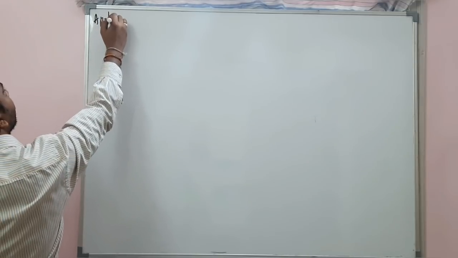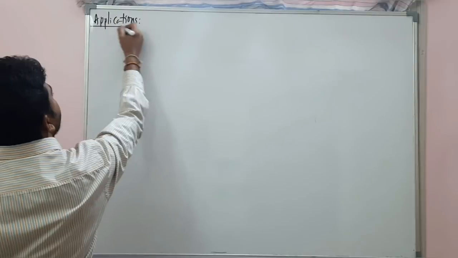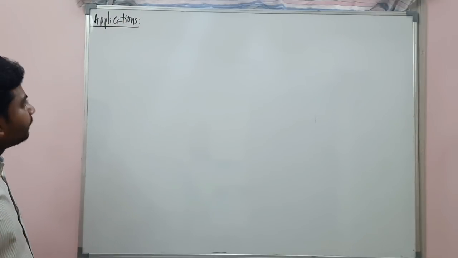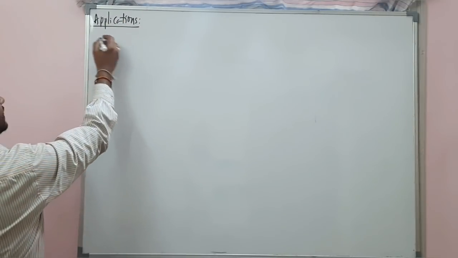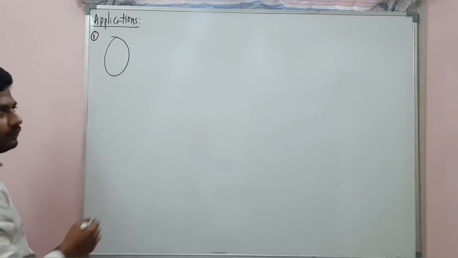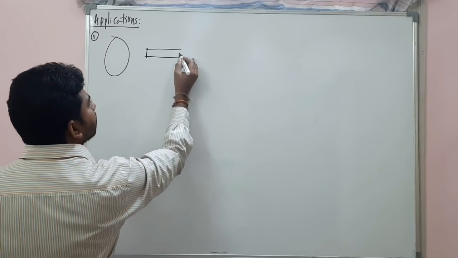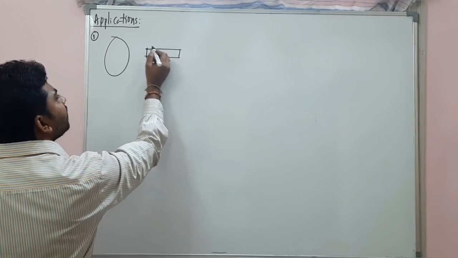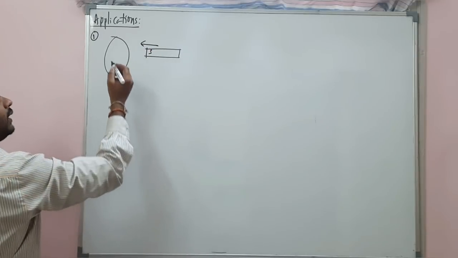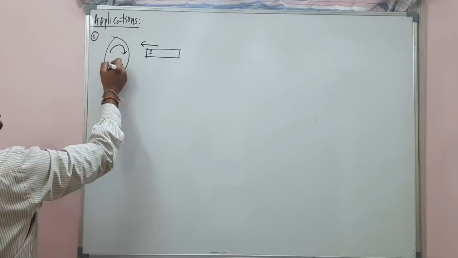A few applications of Lenz law. Clear? What we had discussed already, imagine there is a coil. The south pole is moving towards the coil, and definitely a south pole will be produced here.